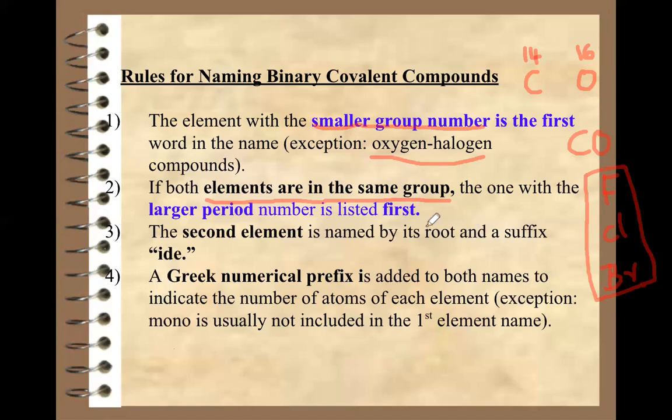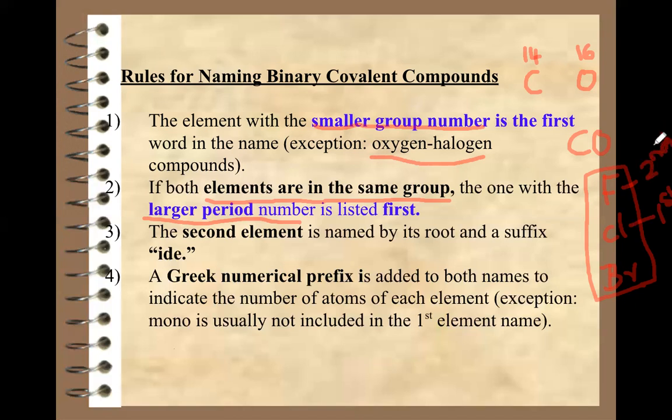The one with the larger period number. Say let's take fluorine and chlorine. The period number for fluorine is 2 and the period number for chlorine is 3. So that means chlorine comes first. Chlorine with larger period number comes first and fluorine comes second.